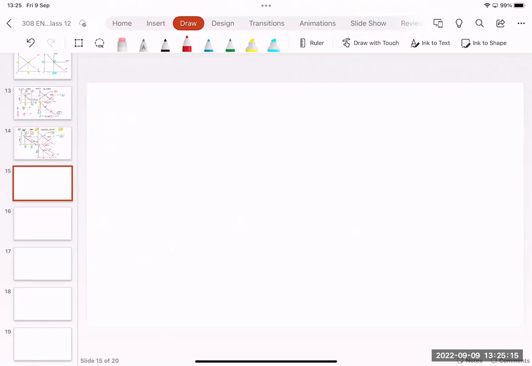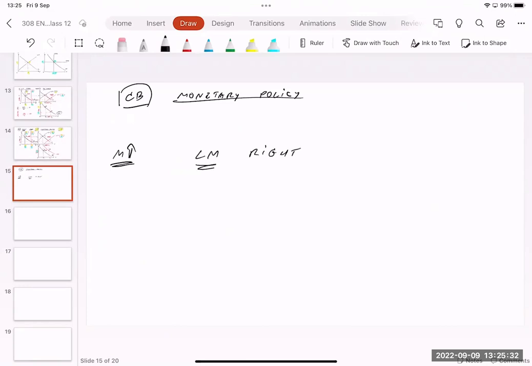Okay. So then we can make the conclusion over here that the central bank can use monetary policy. If the central bank increases M, then the LM curve will shift to the right, and the aggregate demand curve also shifts to the right. On the opposite way, you may try to do it by yourself at home.